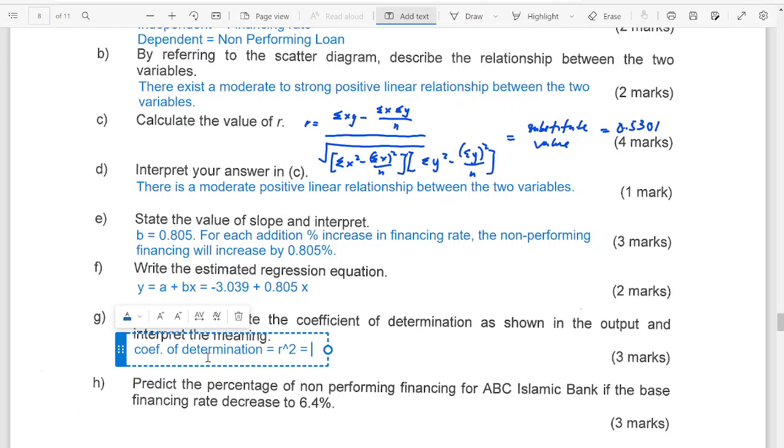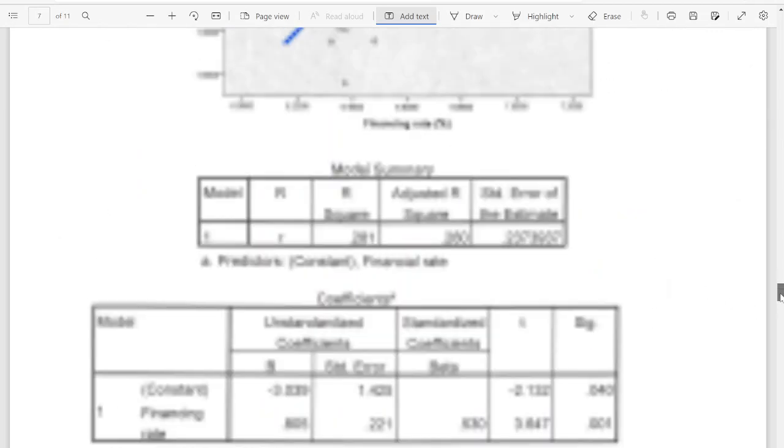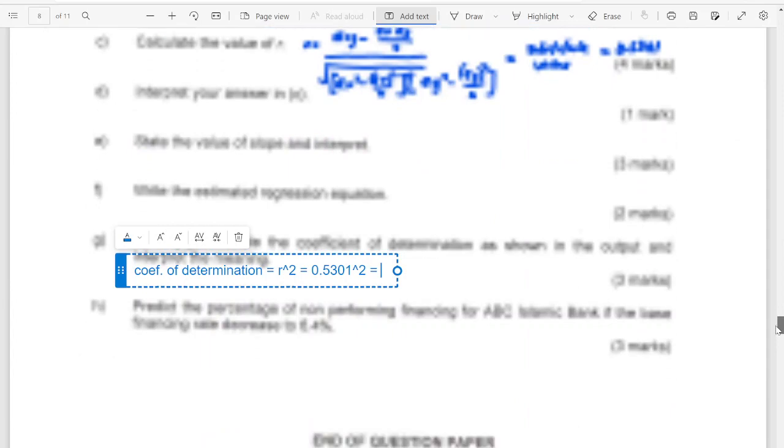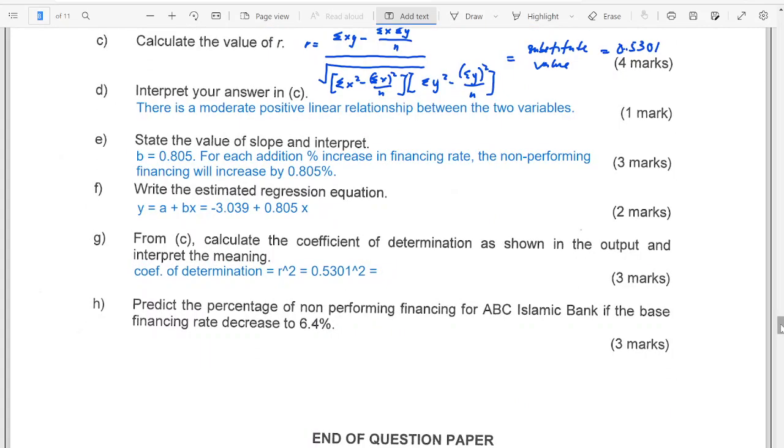Okay, this is just simply equal to 0.5301 square. And then you get the answer to be, apa tadi nilai tadi? 0.281.